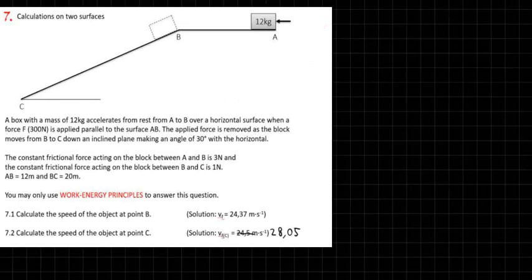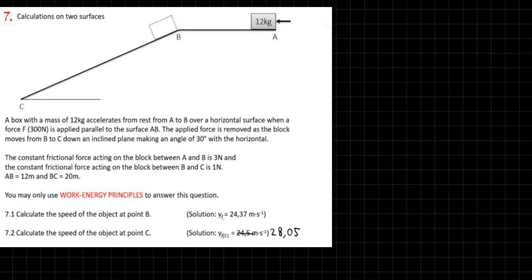Now, before you start solving the questions, you should try as much as possible to label all the information on the diagram if it is not given on the diagram.